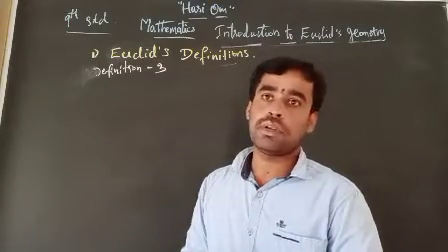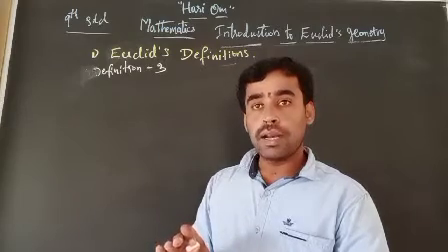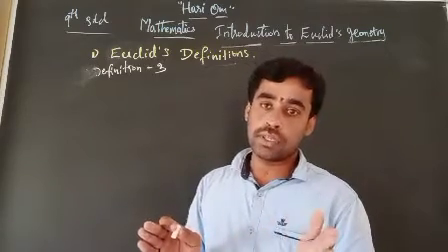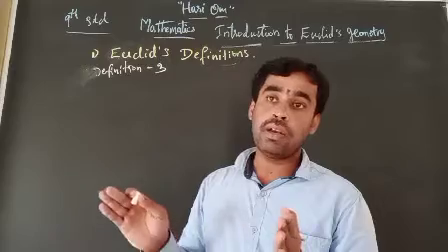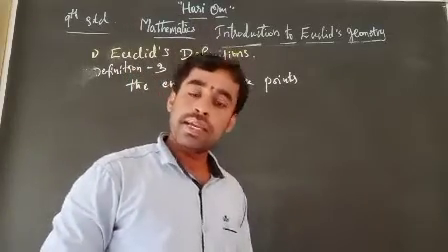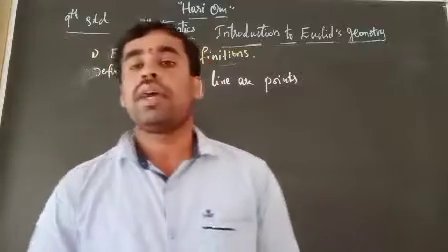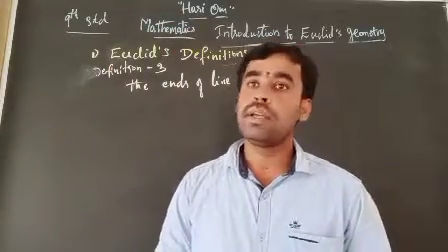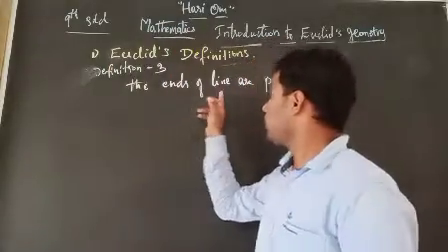Is it clear? So definition number 3: the ends of a line are points.